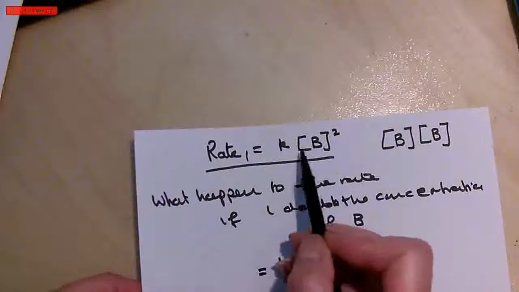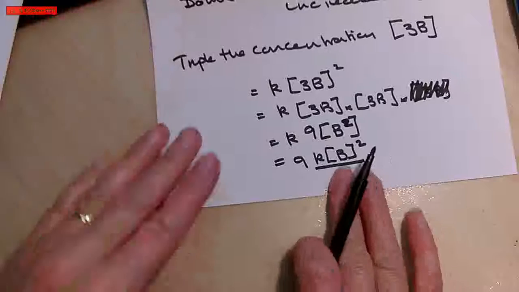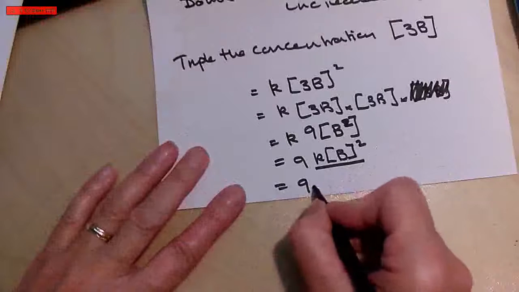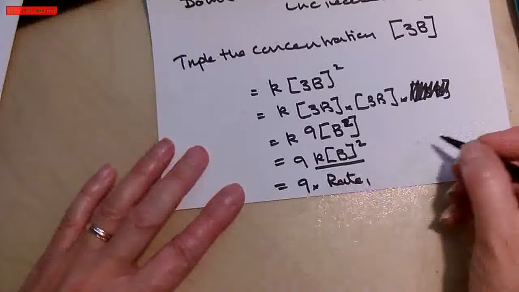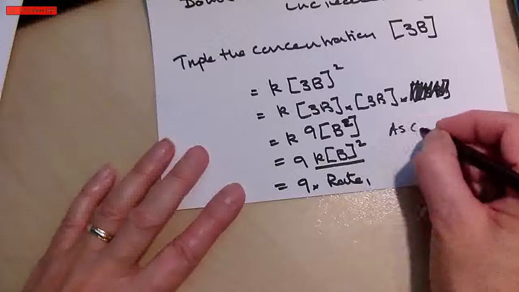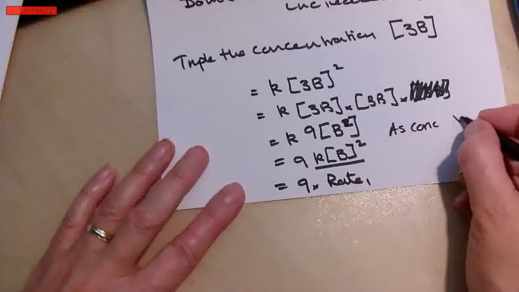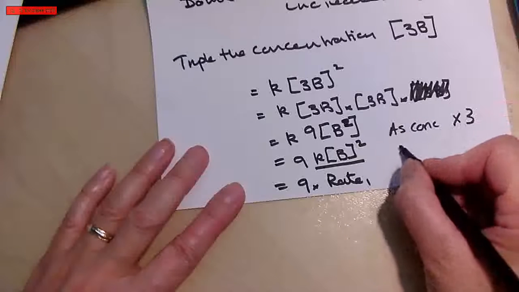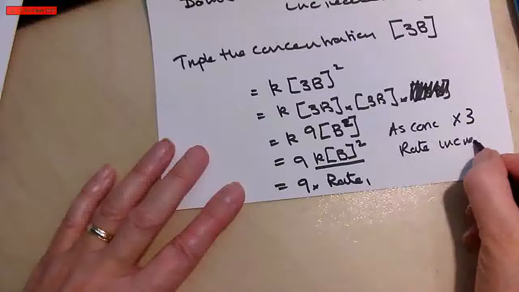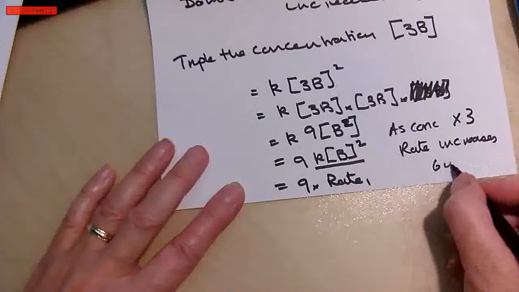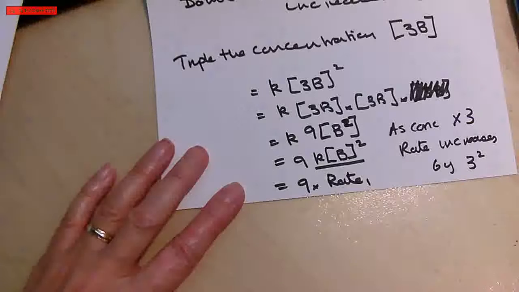So we can substitute KB squared for rate 1. So it equals 9 times rate 1. So basically, as the concentration increases by 3, the rate increases by 3 squared, which is 9.